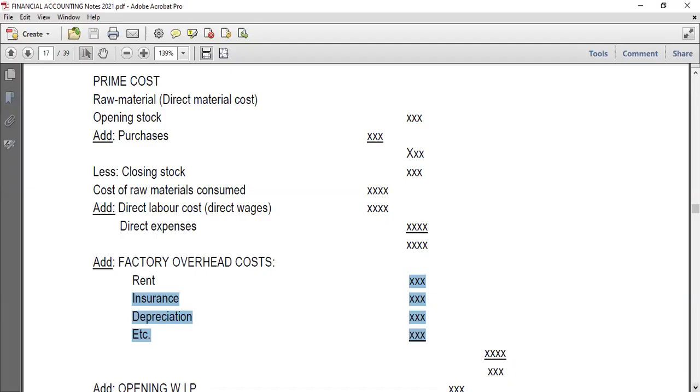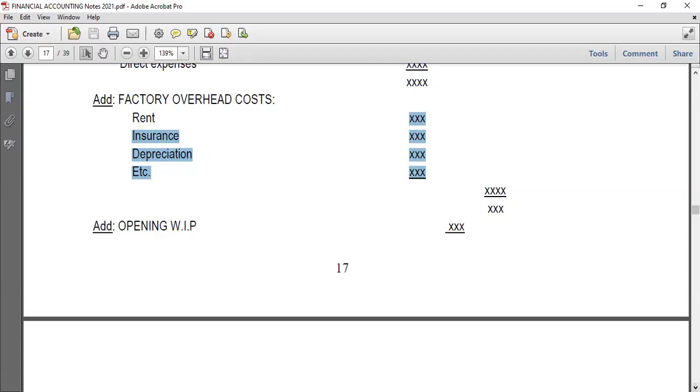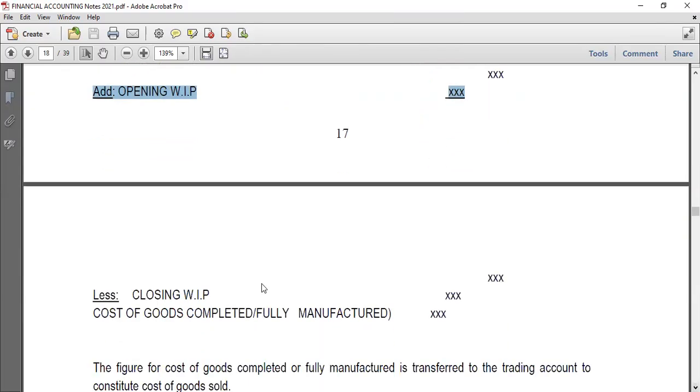And then one of the other key components that comes around when it comes to manufacturing accounts is the opening work in progress and then the closing work in progress, okay? When we are trying to calculate our cost of goods completed or fully manufactured, we basically add our opening work in progress, which we started with, and then we less any closing work in progress.